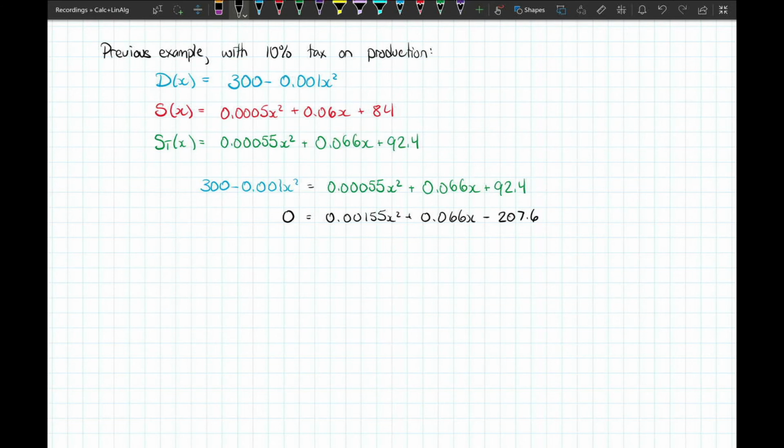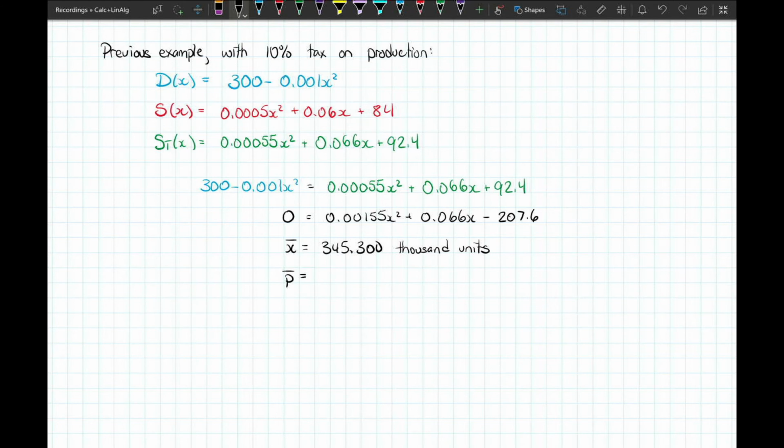Throwing out our negative answer, the only positive value for x is 345.3 approximately. If we want to use 3 decimal places, then this will at least give us to the nearest whole unit when we take a look at X bar, because it is in thousands of units. As for equilibrium price, we have to be a little bit careful about this.